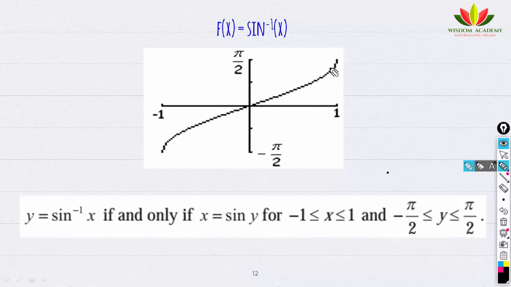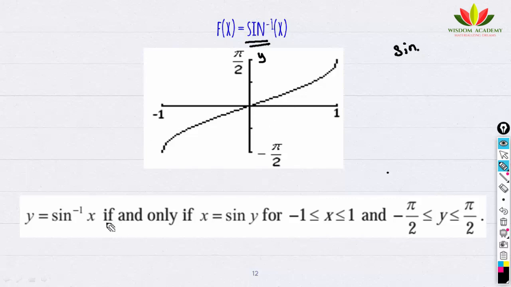Now what I changed: in my y-axis I have my range, pi by 2 to minus pi by 2, and in my x-axis I have minus 1 to 1. That is why it is the inverse.